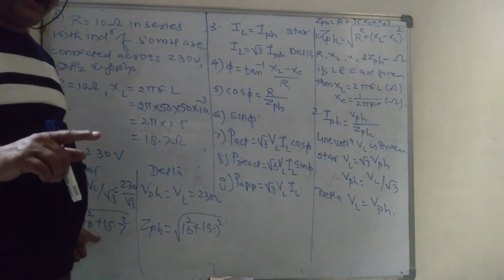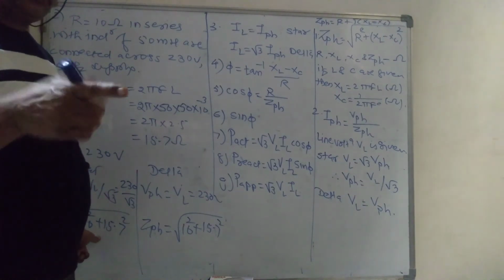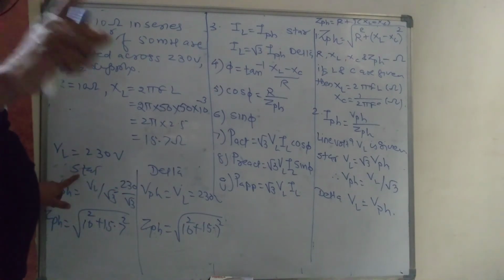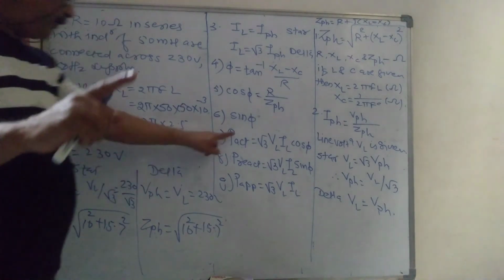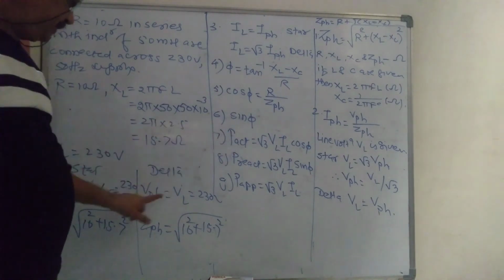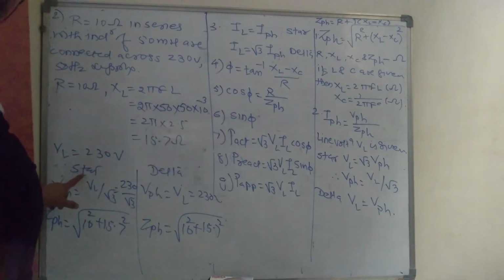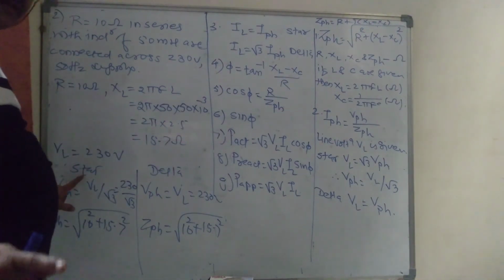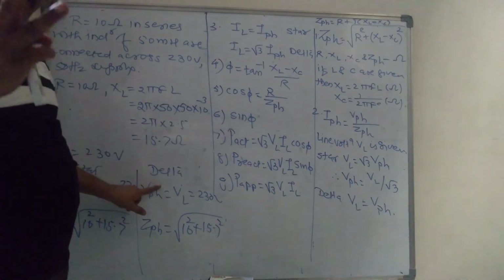You check it, and if it is okay, then your numerical is okay. Suppose active power in star is 1 watt, then the active power in delta will be 3 watt.